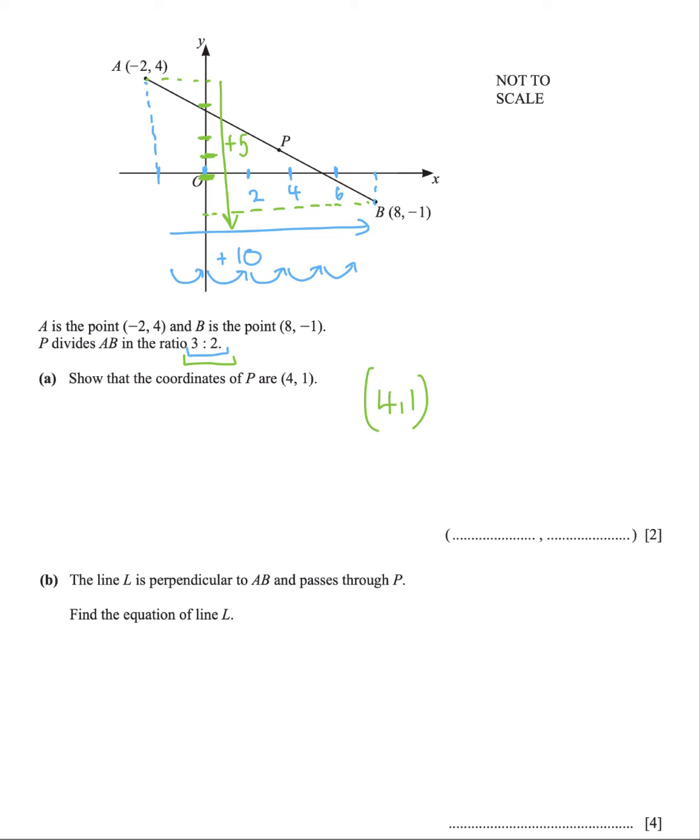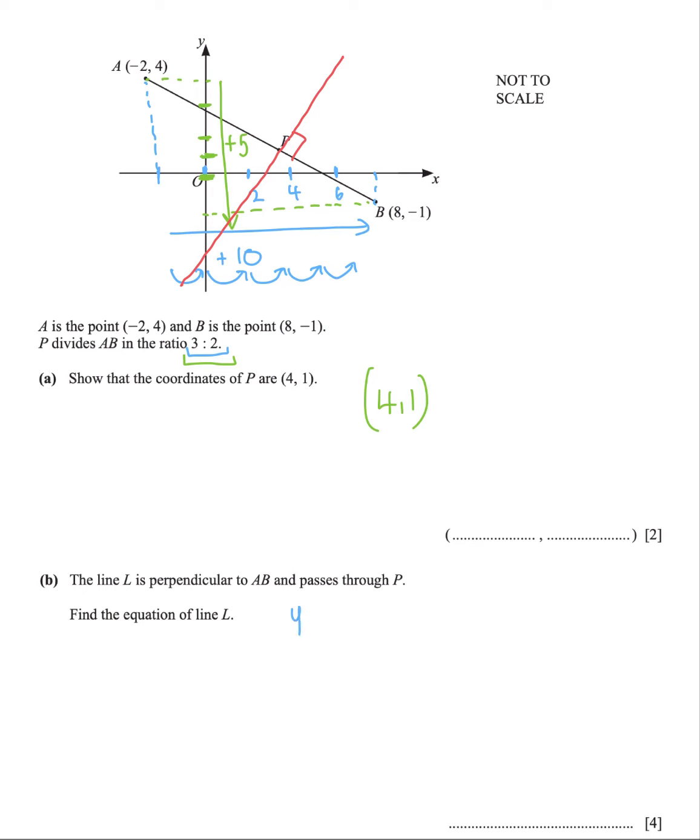For the second part, you're trying to find the perpendicular that passes through P, but it's perpendicular to A and B. So we're asked to find this line here. So it's perpendicular and it passes through P. So first of all, I need to know what the gradient of that line is.